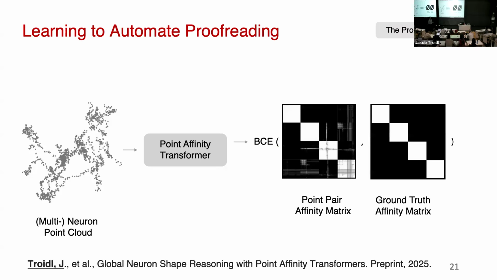And then based on the human-generated ground truth, we have the ground truth affinity matrix. So it's a supervised approach. Then we can compute the binary cross entropy loss between the predicted affinity matrix and the ground truth affinity matrix, compute a gradient from that, and then backpropagate that through our model.